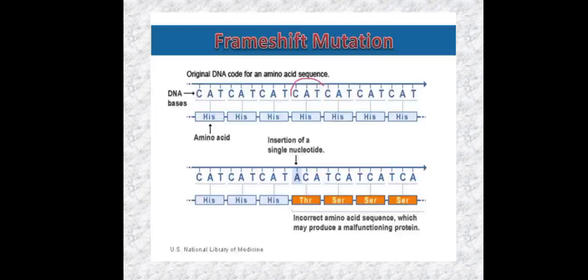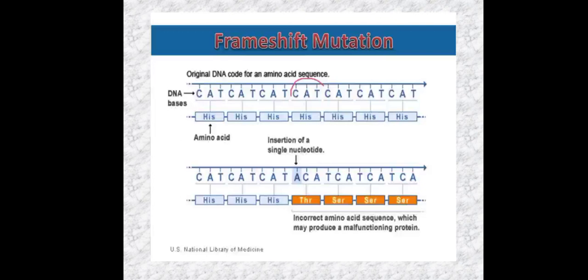Now here is the example of frame shift mutation. Here the original DNA codes for an amino acid sequence. That is, all of these are histidine. Then whenever there is insertion of a single nucleotide, means there is the continuation sequence, an extra nucleotide, that is adenine, gets added.